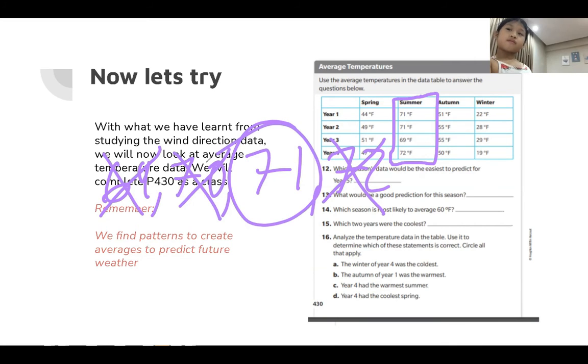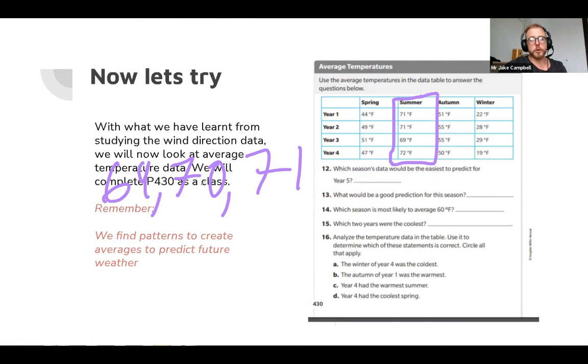I am more likely for my prediction to be right if my gap of numbers is smaller. So class, the answer for the first one should be summer. And a good prediction would be the average I just made. So I would write summer here, and then I would write 71 degrees.